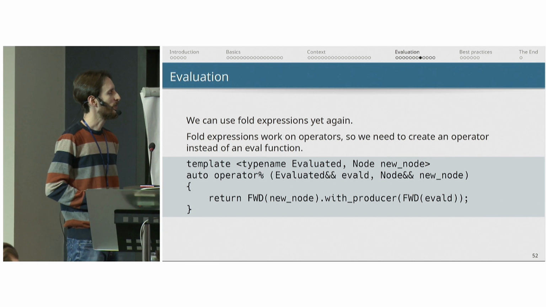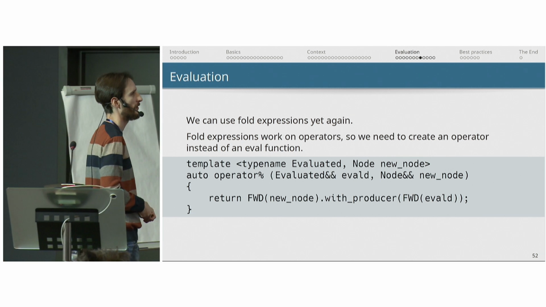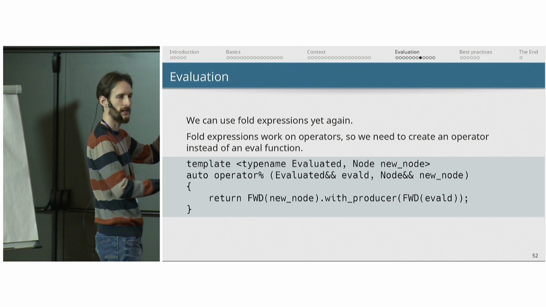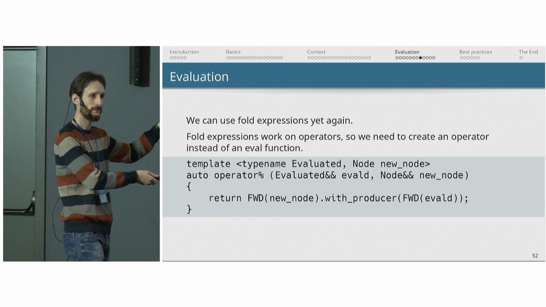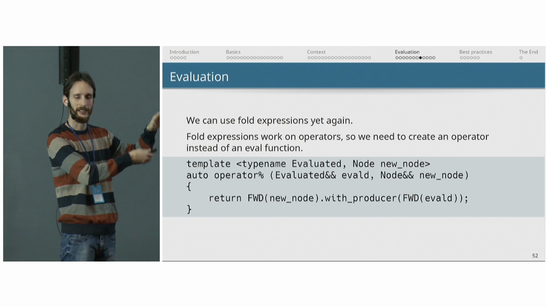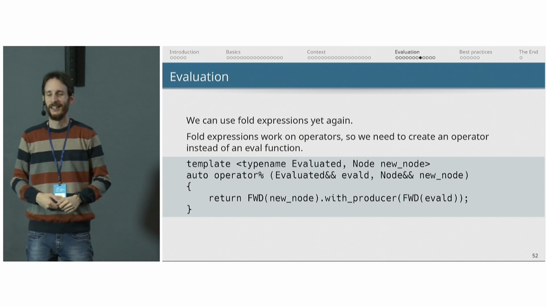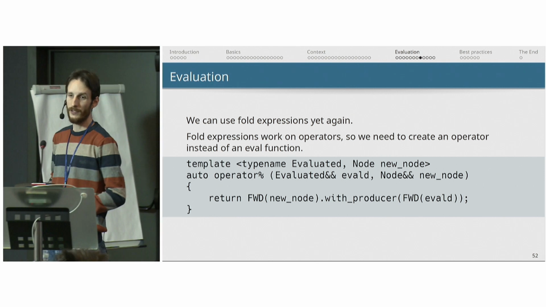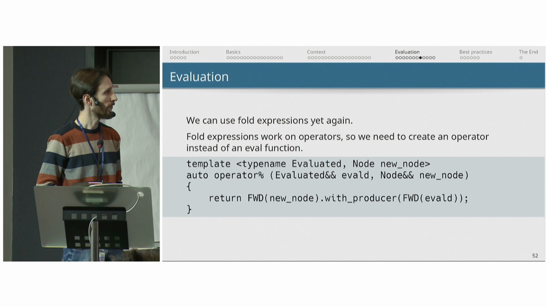So just create an arbitrary named operator. Whether it's a comma operator or percent operator, just use something that is rarely used in other parts of the code so that you know that this is a dummy operator, that it doesn't really do any division or anything else. And obviously, it's easier to grep than if you use some more sane operator.